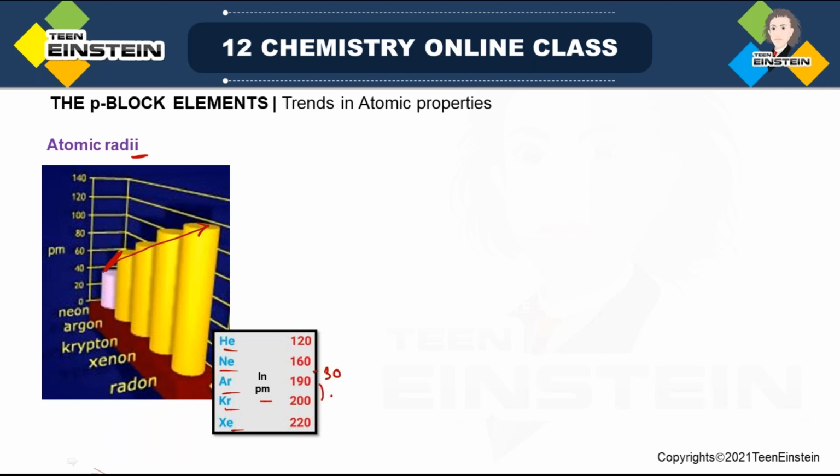But the next difference is 10, this is 20. So gradually the difference is decreasing, and this type of trend you have already seen in case of other group members. So what is the reason behind it? It is the presence of d and f electrons as we are moving down.